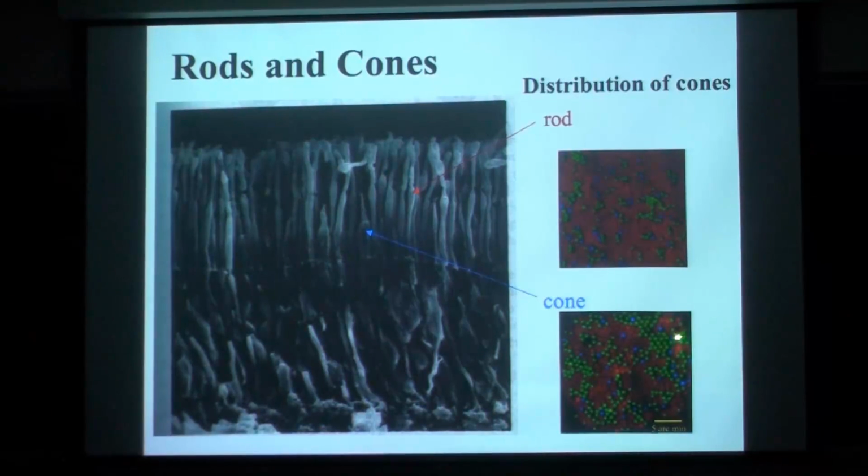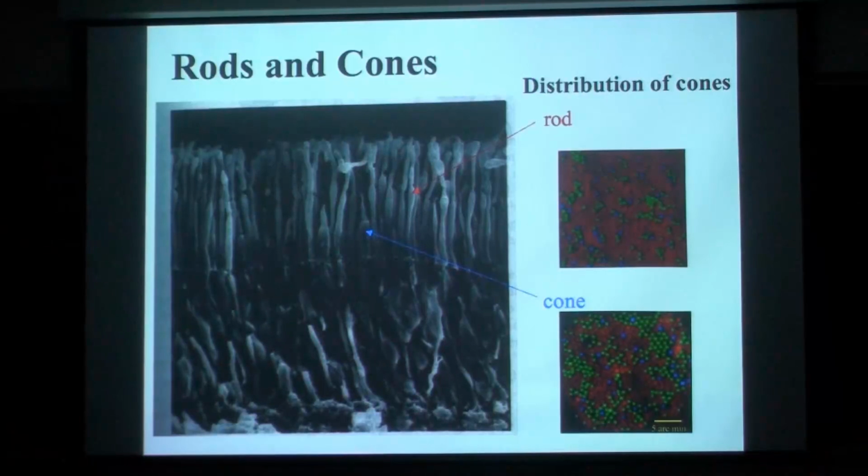Here you see different cones in green, in blue, and here in red, those are the rods, and they are more on the periphery. In the center, we have the cones and many more cones.